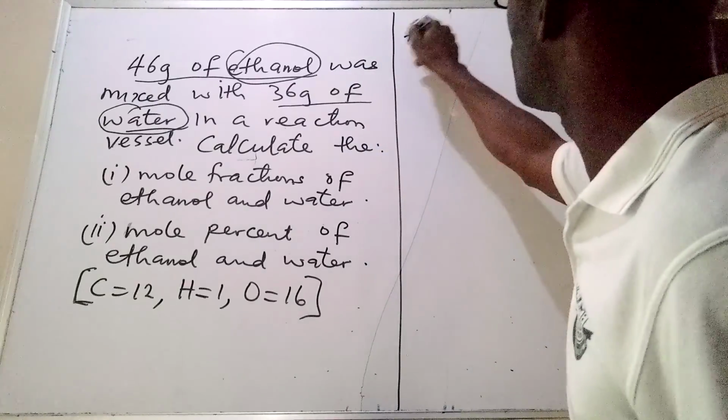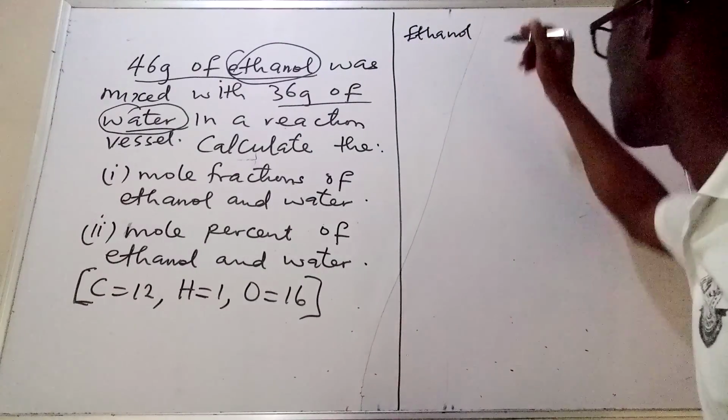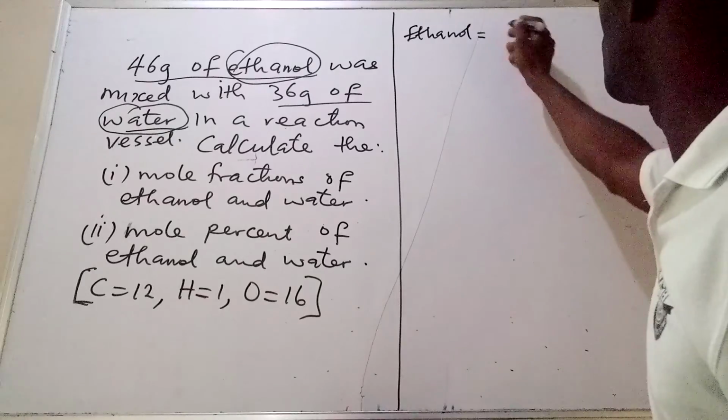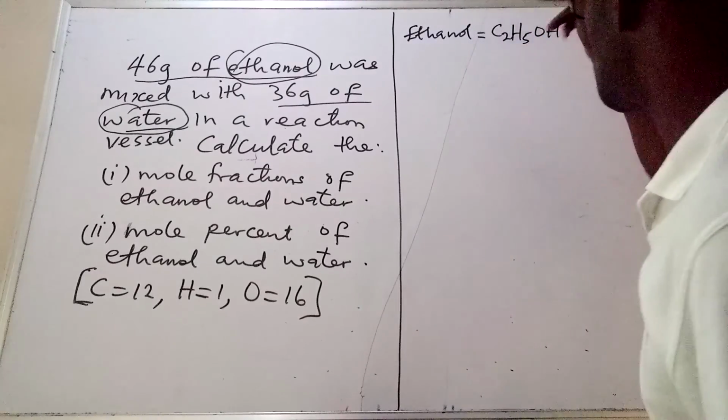Ethanol is an organic compound with formula C2H5OH.